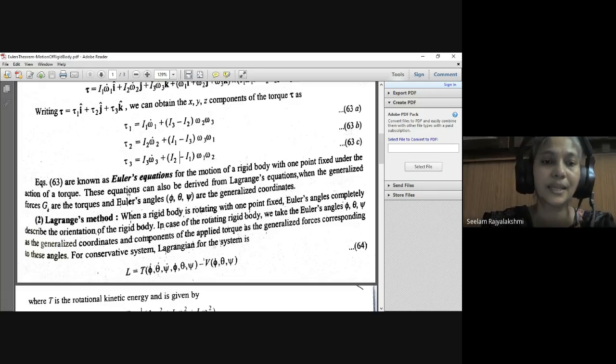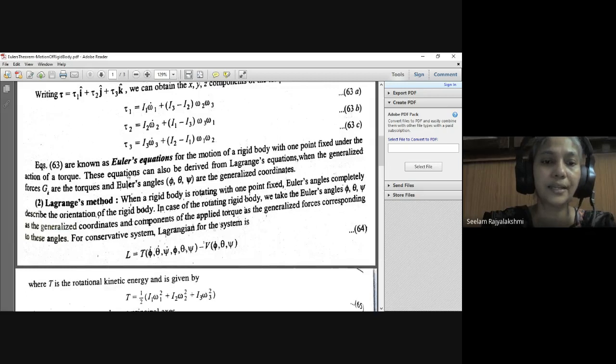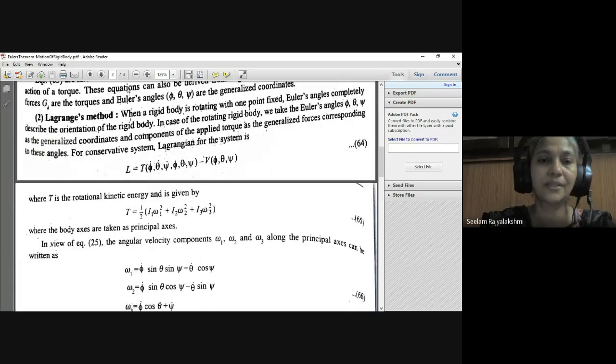Here T is the total rotational kinetic energy, and T can be given as T equals half I1 omega 1 square plus I2 omega 2 square plus I3 omega 3 square. So this is the T in the case of Lagrangian when a rigid body is rotating about a fixed point.